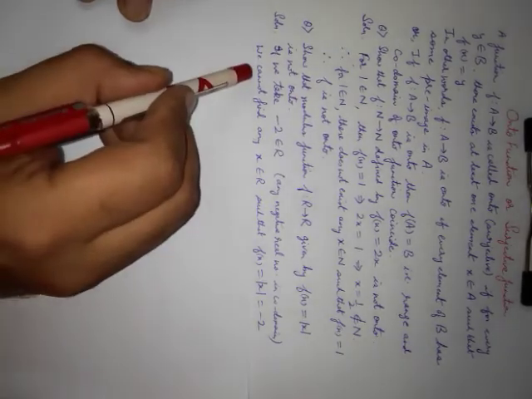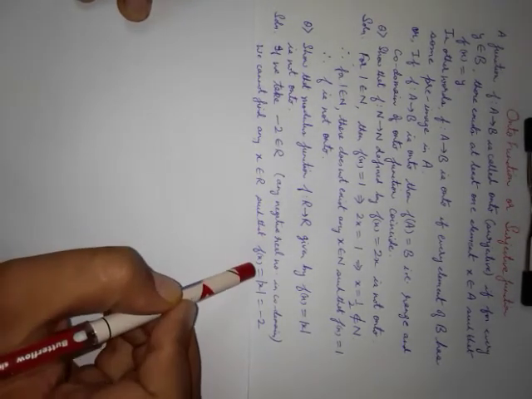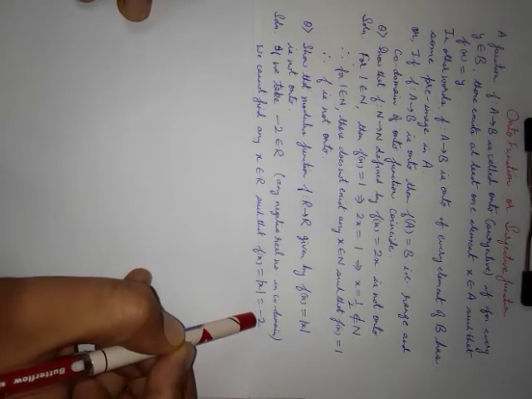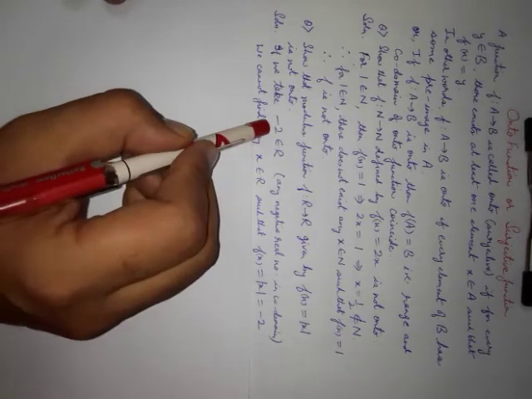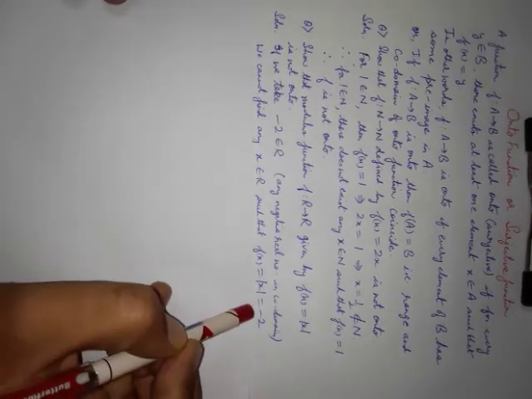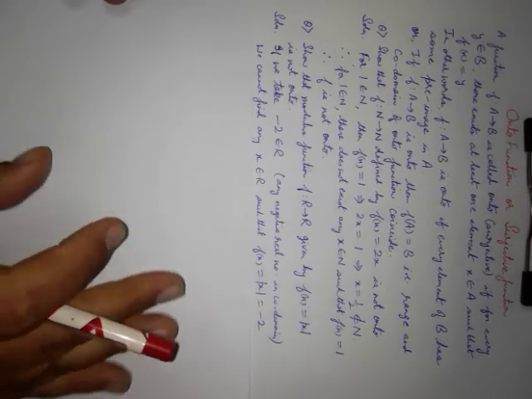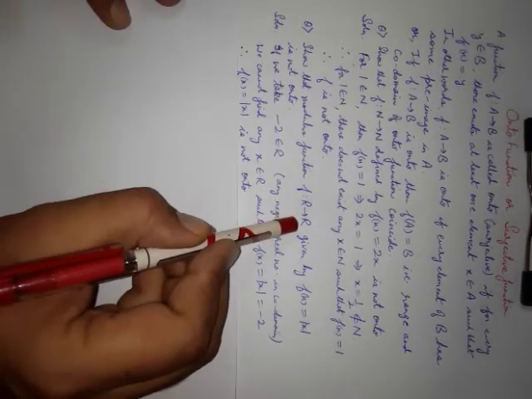So we cannot find any x such that f of x is equal to -2. So therefore -2 in the codomain exists, but its pre-image does not exist. So f is not onto, the modulus function is not onto from real numbers to real numbers.